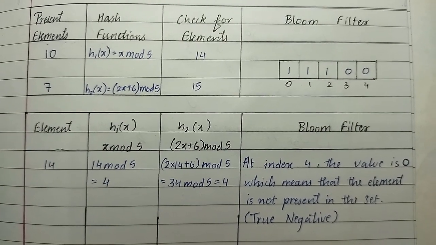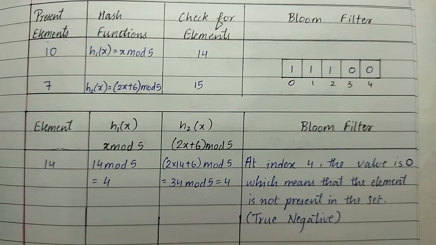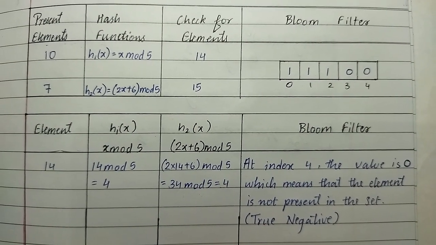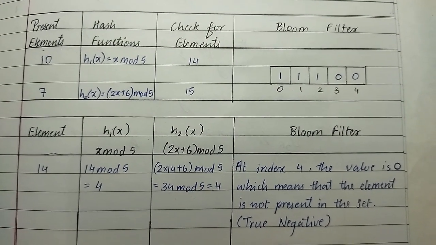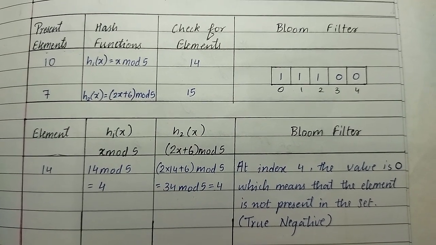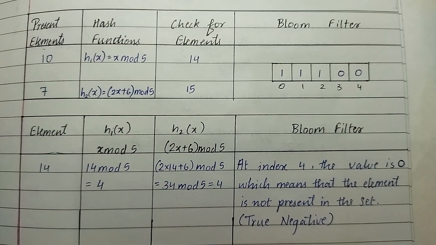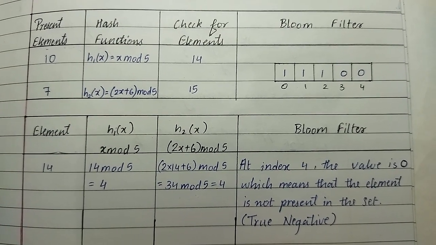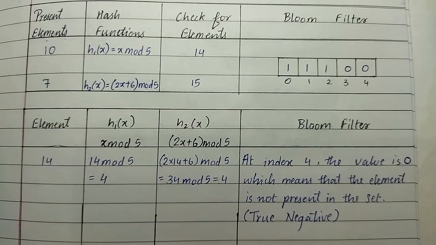And for 14 we'll replace the x with 14, and after performing the mod function we will get the remainder as 4. We get index 4 for both the hash functions. So now at index 4 the value is 0. You can refer to the Bloom filter that we see above, and at index 4 the value is 0, which means that the element is not present in the set and it is a true negative.